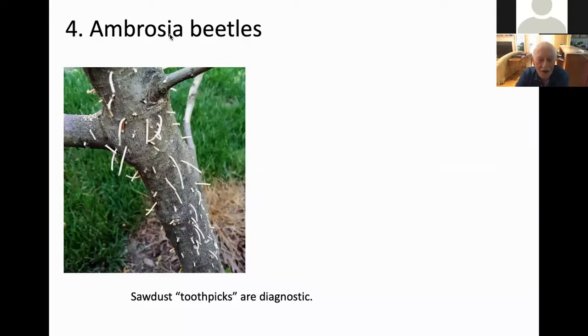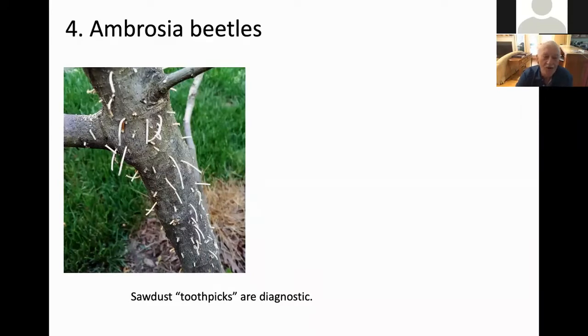They're a tiny little bark beetle-sized insect that are attracted to any of a variety of hardwood plants, not coniferous plants, and they chew right in. And as they chew in, behind them comes out this frassy toothpick.